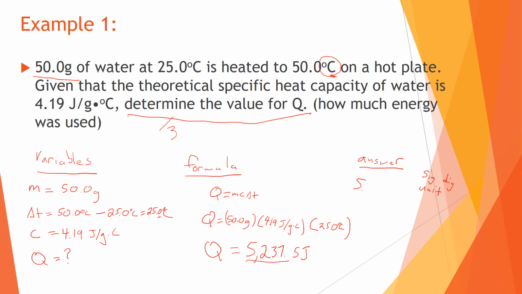So it becomes 5.24, I'm rounding here, times 10 to the 3 joules. Okay, so I listed my variables, 1, my formula that I used, 2, my answer with the correct sig digs and the correct units.